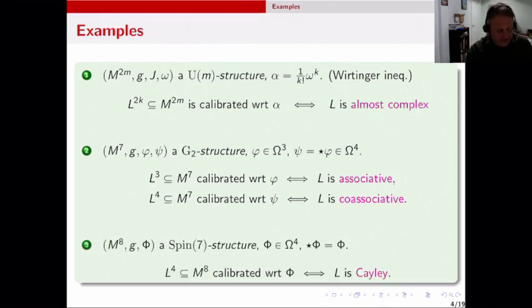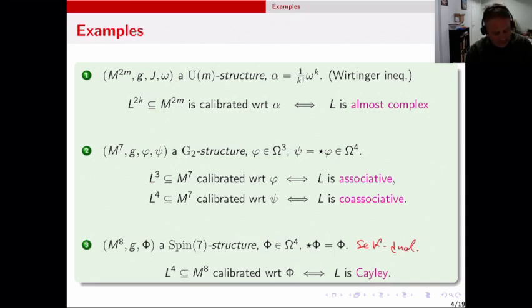And then finally, case 3, which is very similar to case 2, is an 8-dimensional Riemannian manifold with what's called a spin 7 structure. So this is a special kind of 4-form. We don't get anything else here from the Hodge star because these are self-dual 4-forms: star of capital phi is capital phi.